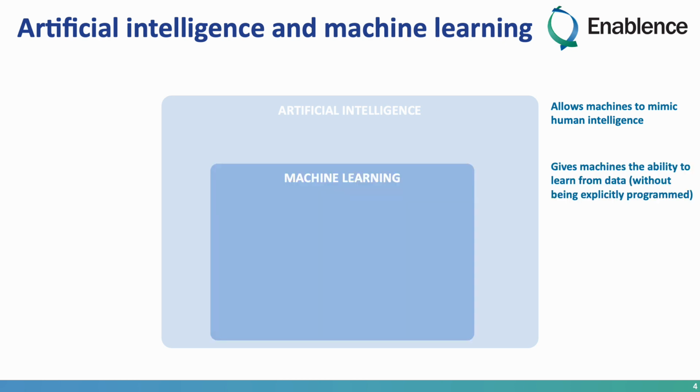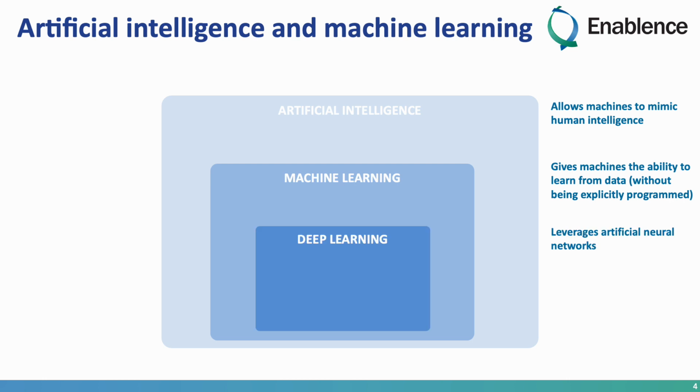Now, machine learning, which is a subset of AI, is the science of programming computers so that they can learn from data. In other words, it's a field of study that gives computers the ability to learn without being explicitly programmed. And deep learning, which is a subset of ML, utilizes artificial neural networks, a very simplified model inspired by our cerebral cortex, to facilitate learning and enable sophisticated pattern recognition.